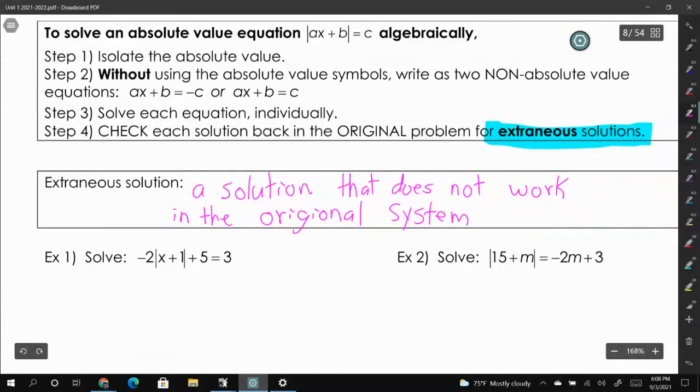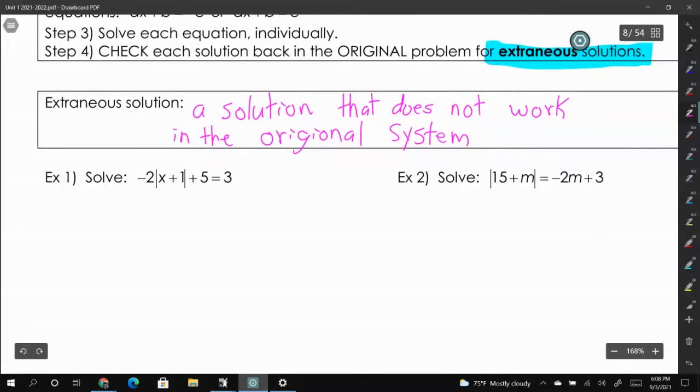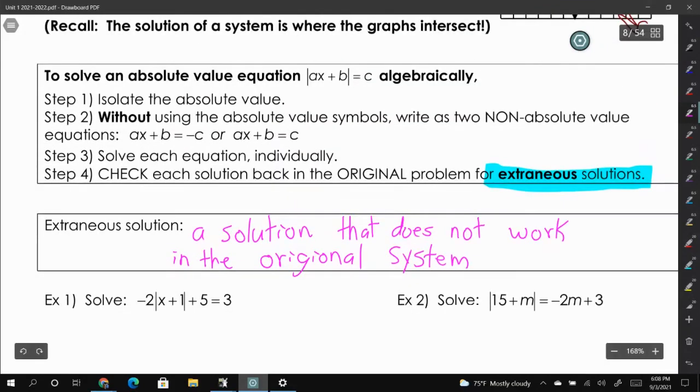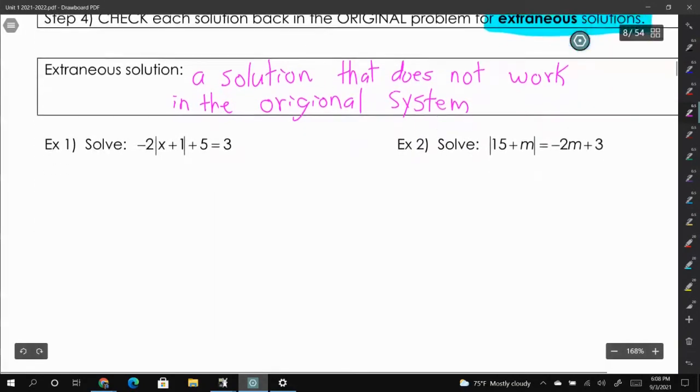So you do some algebra work and you get your solution, and when you check it, if that solution doesn't work, then that is an extraneous solution. So let's go ahead and solve example number 1. And like I said, as I solve it, I'll be referring to these steps up here.